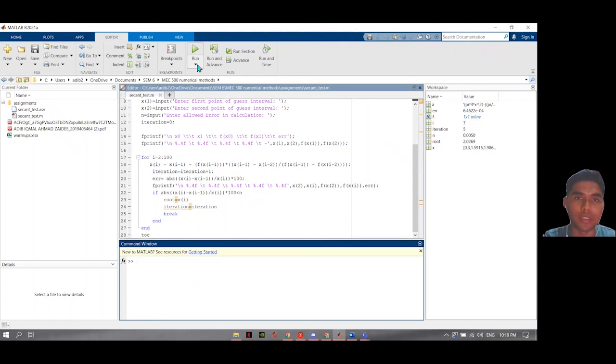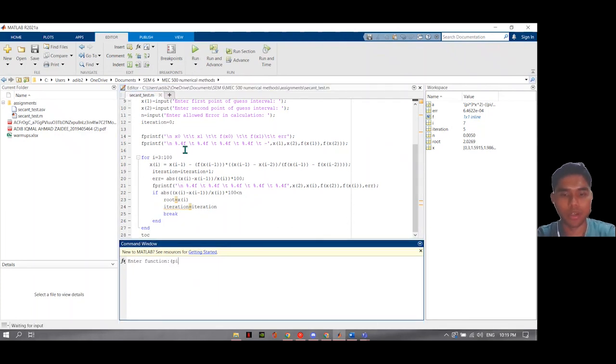So let's see how it goes. Enter function: pi times 3, which is the radius, times x squared, close bracket, minus open bracket pi over 3 close bracket times x cubed, close bracket, minus 30, which is the volume of the whole tank.